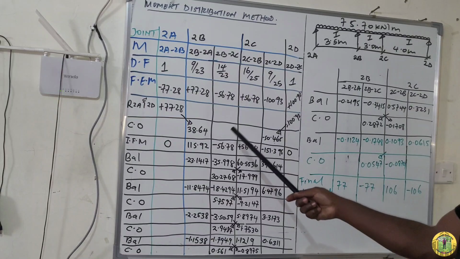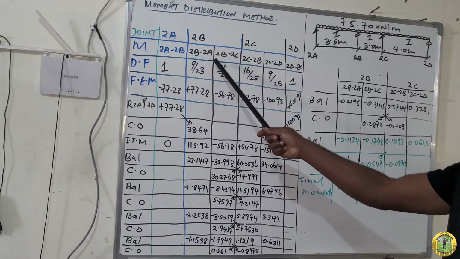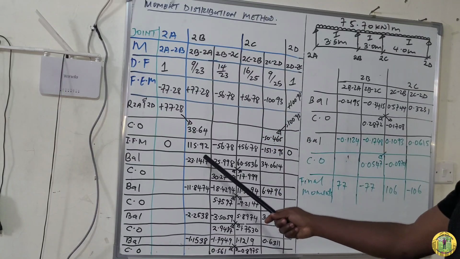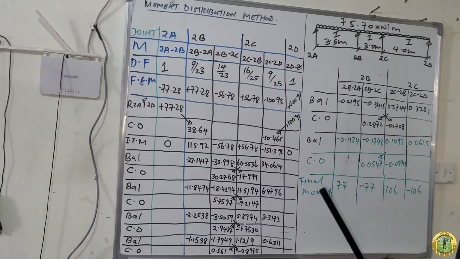For example, at 2B we have member 2B, 2A and 2B, 2C. If we add this to this, it should give you 0. But if it's not equal to 0, then you are supposed to balance. Let's do it practically. So it is 115.92 plus minus 56.78. The answer is positive 59.14.